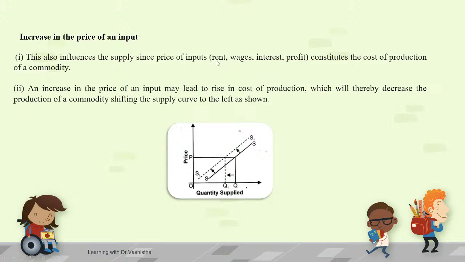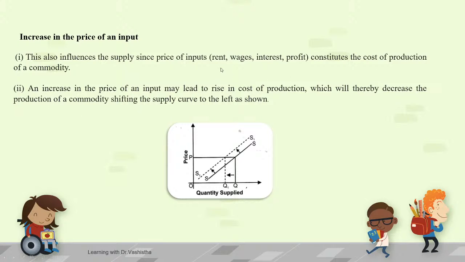Rent is paid for the place we hire or take on lease. Wages are paid to the labor, interest is paid on capital, and profit is shared among the entrepreneurs themselves or the dividend holders. So these form the cost of production because these are the factor payments.